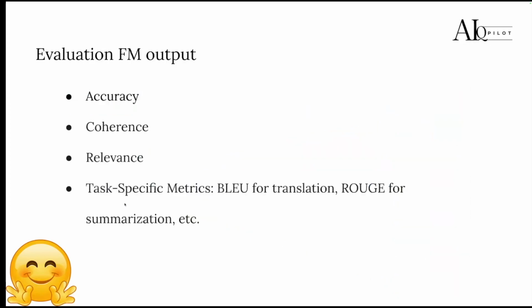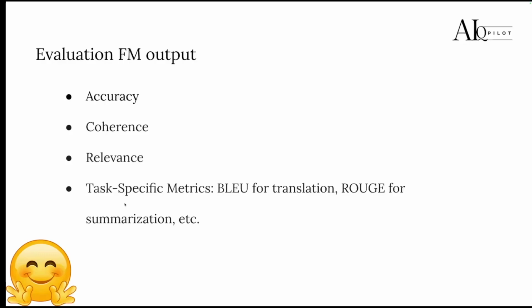All right, so let's start with the evaluation part. There are different types of metrics that can be used to evaluate the foundation model outputs. But one thing that you always need to consider is a comprehensive approach, examining the output of the foundation model in different dimensions.